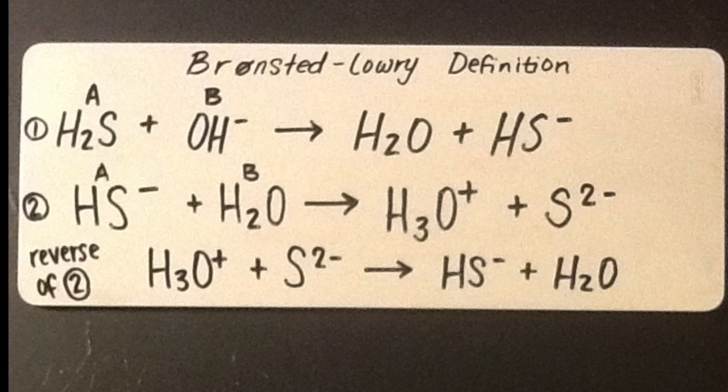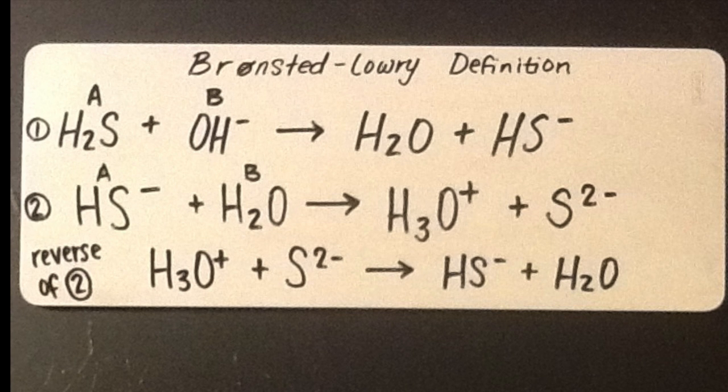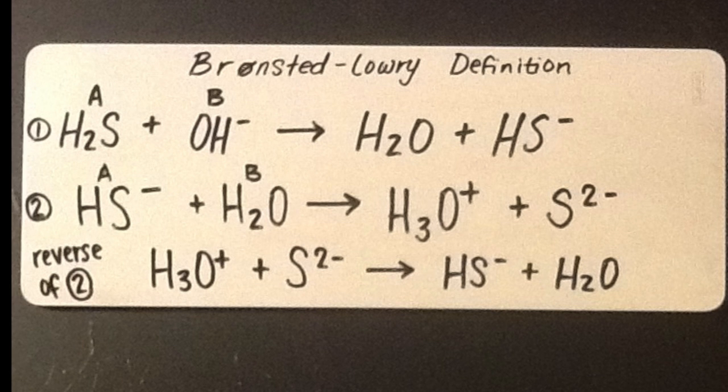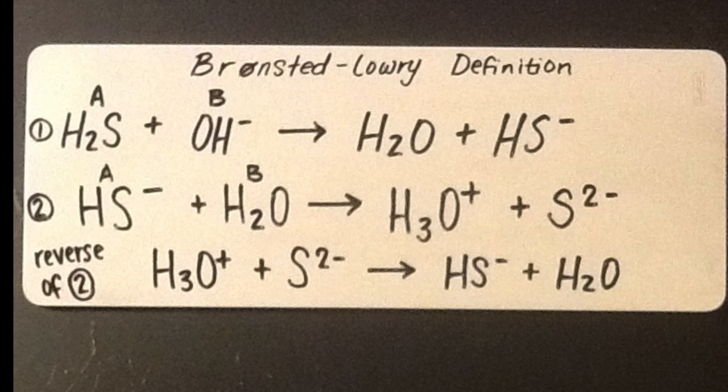And if you look at this reaction, it still has the transfer of a proton. All right, just this time it's going to be transferred in the opposite direction from the first time. So before we had a transfer from HS minus, the acid, to H2O, the base, in step 2. All right, so we formed hydronium and S2 minus, sulfide.